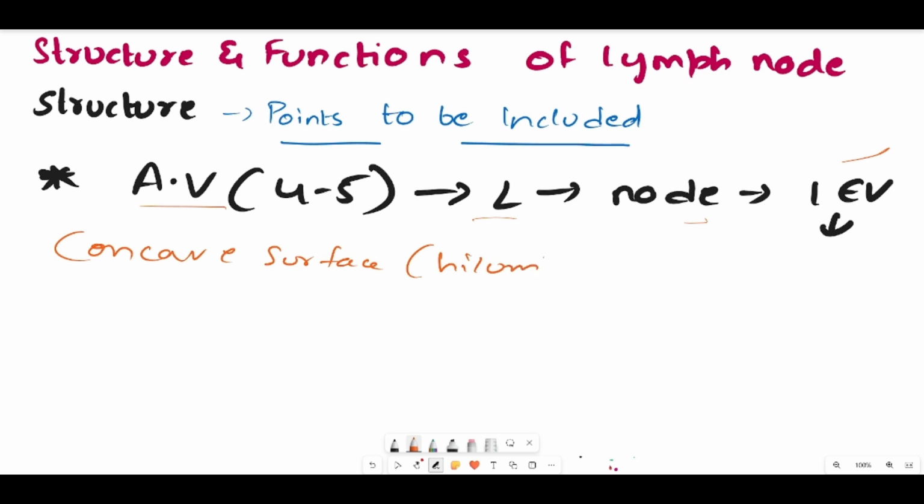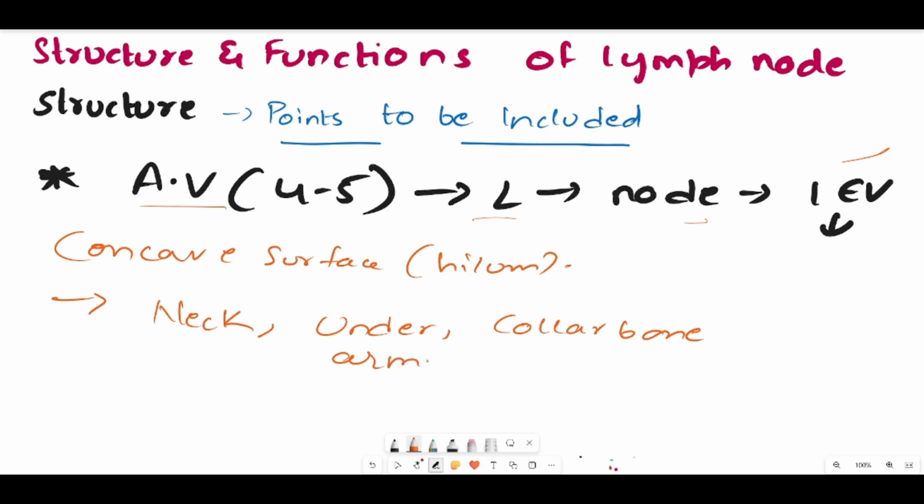That is where both the artery and vein are seen in the diagram. Depending upon the position, the lymph nodes may be superficial or deep. Many lymph nodes are present in the neck region, under the arms, and near the collarbone. So in these different regions the lymph nodes will be present.